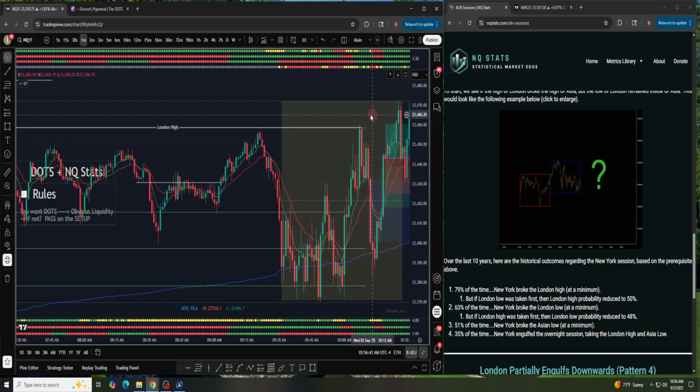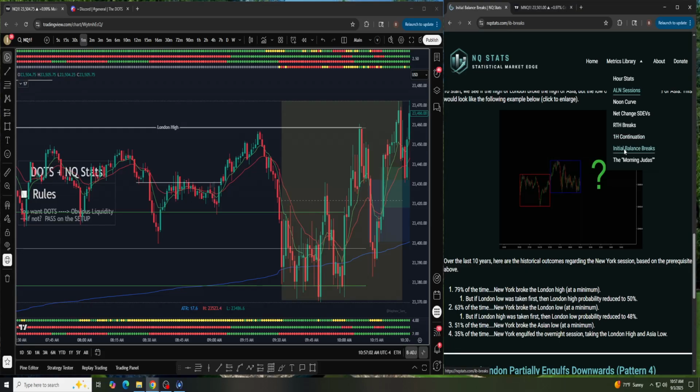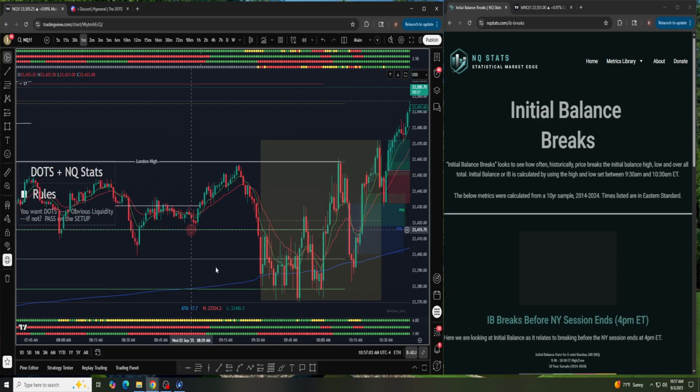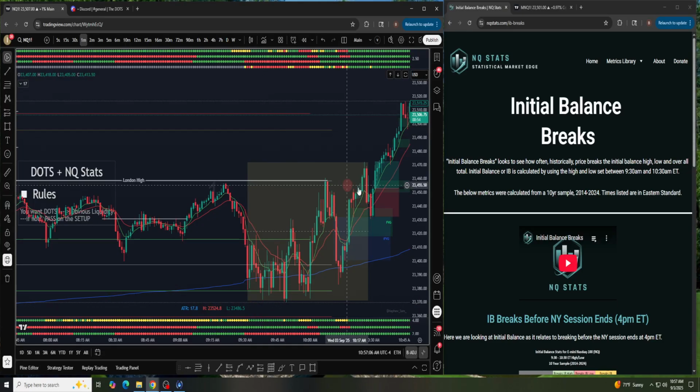But what I really wanted to show you is using the dots in conjunction with NQ Stats. The ALN stat is the first, and sequentially I go from ALN to initial balance. Initial balance is basically looking at the first hour, 9:30 to 10:30, low and high. This dotted line is 50%.